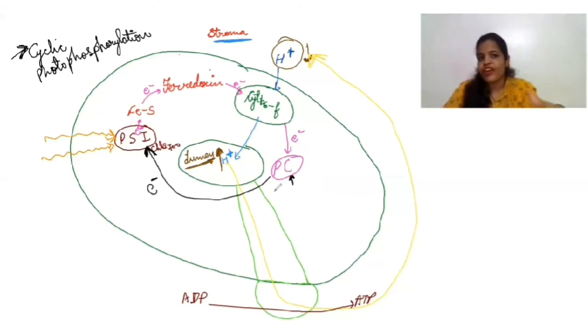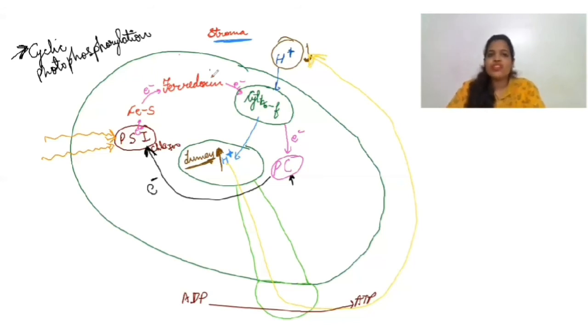Photosystem 1 always gives its electrons to ferredoxin through FeS, the iron sulfur protein. Soon we'll see non-cyclic photophosphorylation, and you will see the same thing: electrons are given to photosystem 1 by plastocyanin, and photosystem 1 gives its electrons to ferredoxin through FeS.